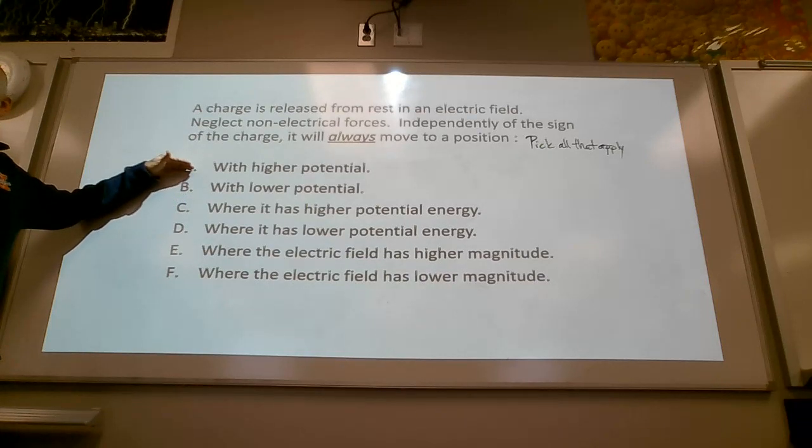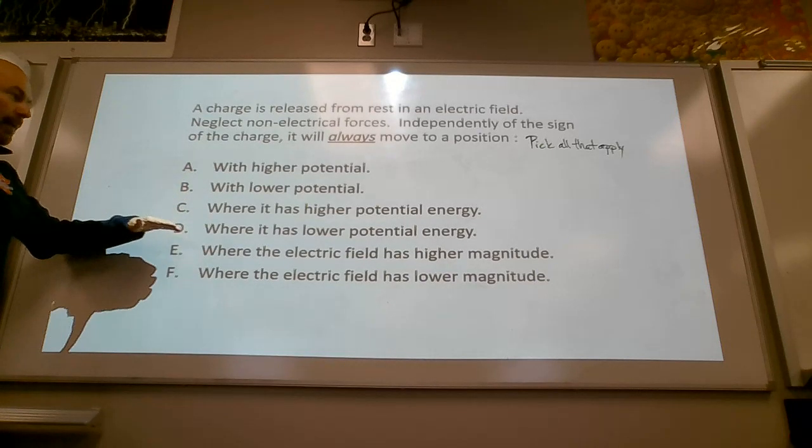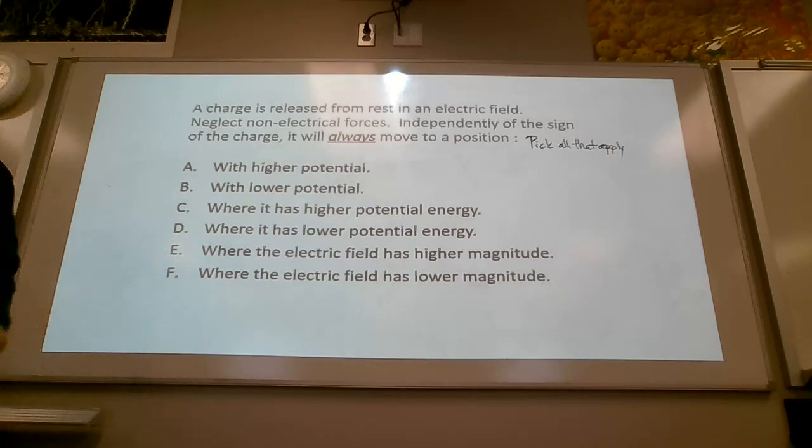They climb uphill. Positive things go downhill. But in both cases, regardless of scenario, they naturally want to go to a place of lower electric potential. Think of it this way: if you have a hill and a ball, naturally it's going to go to a place of lower gravitational potential energy.